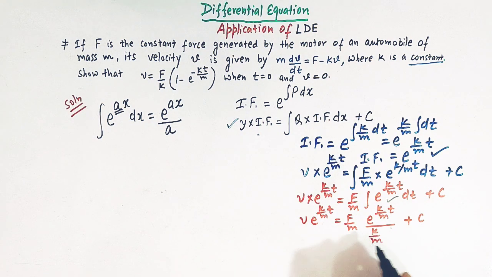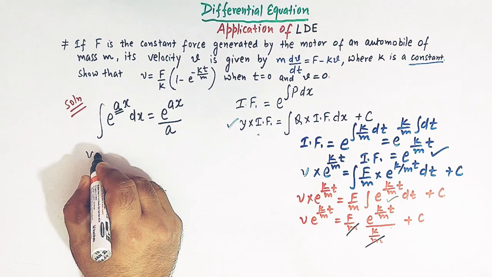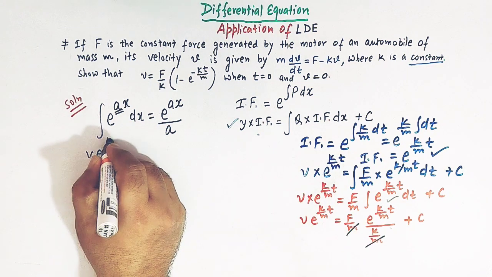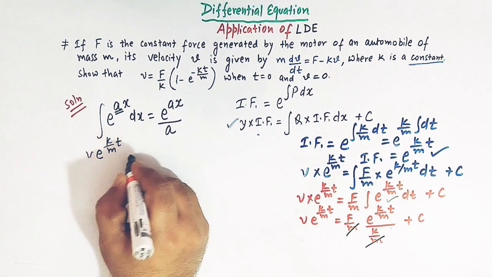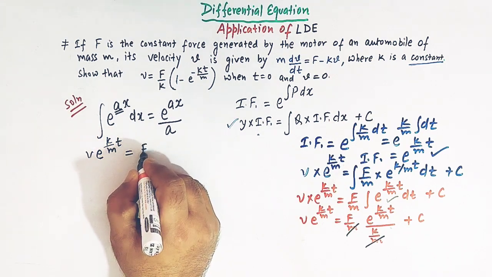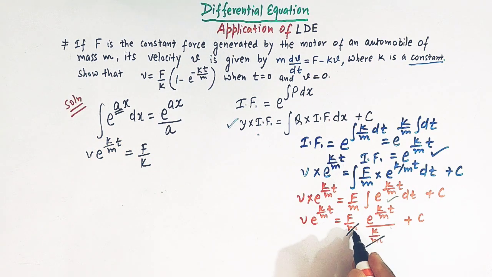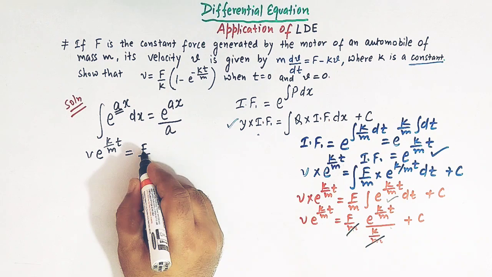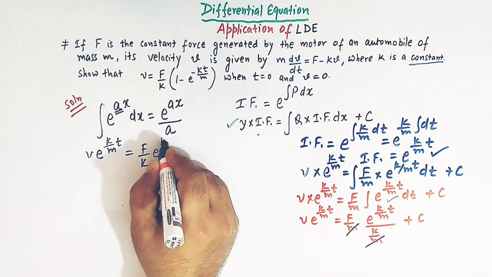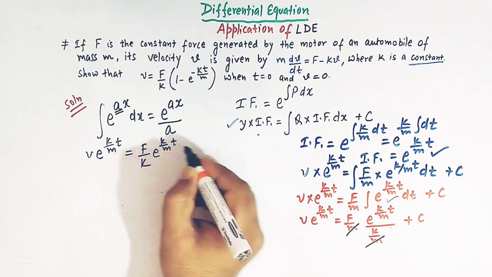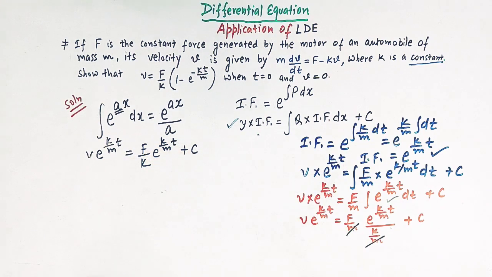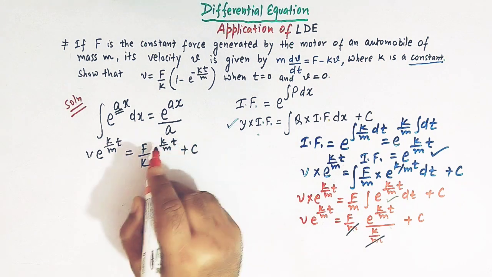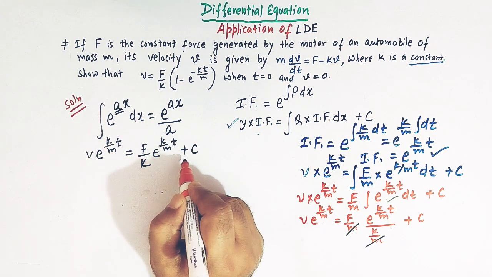So now this m and this m get cancelled, so we are left with v times e raised to k over m t equals F over k times e raised to k over m t plus c. So now we have obtained this expression.